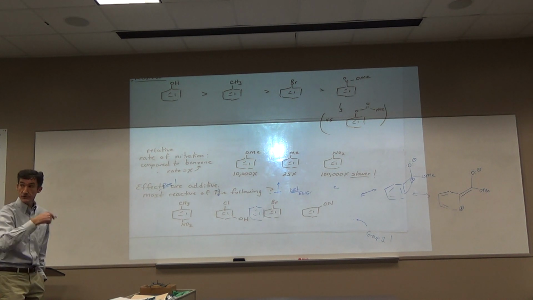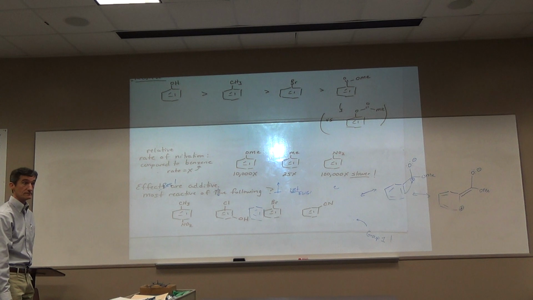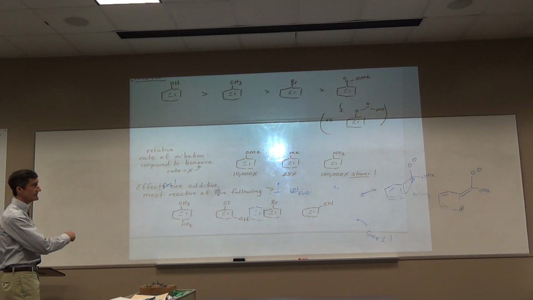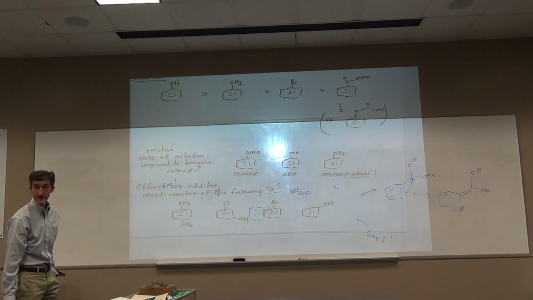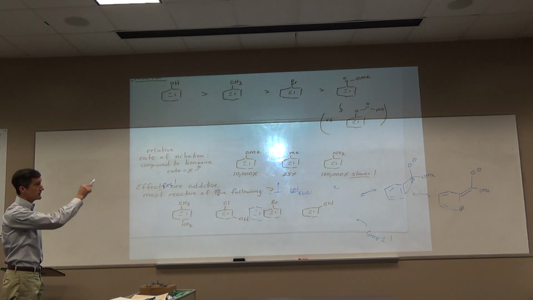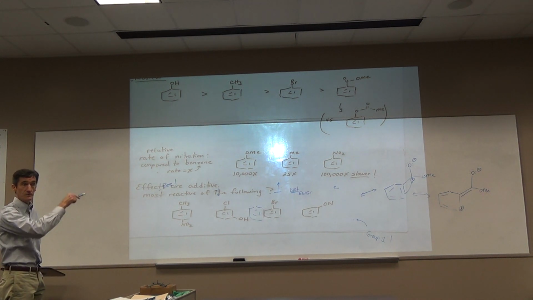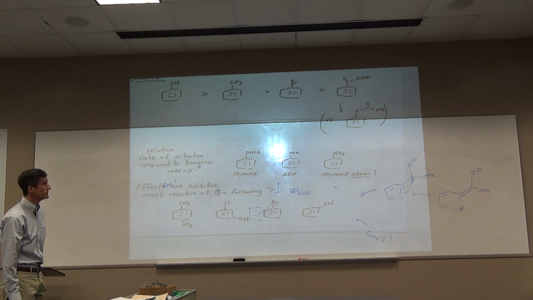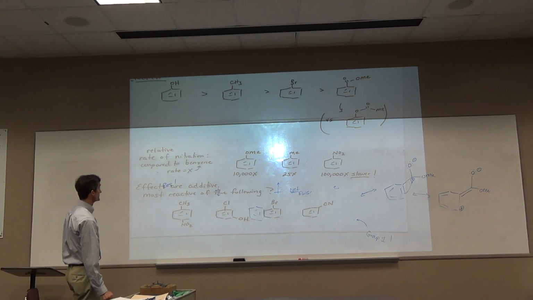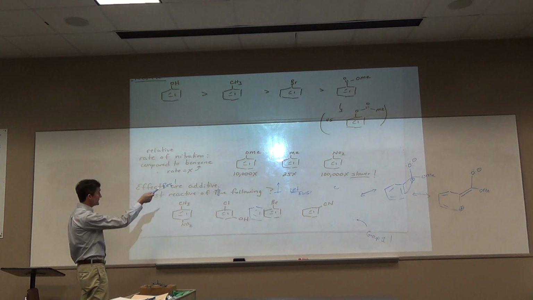Nitrobenzene, if you try to nitrate it a second time, the second nitration is 100,000 times slower than benzene. Why? Because the first nitro group is a strong deactivator. Deactivators make the reaction more difficult. Okay, these effects are additive.